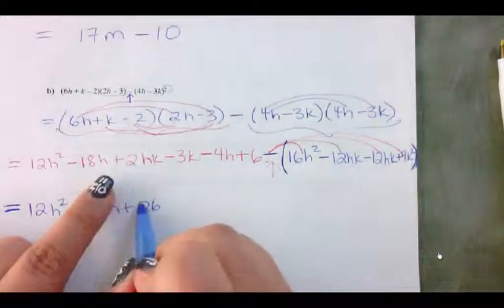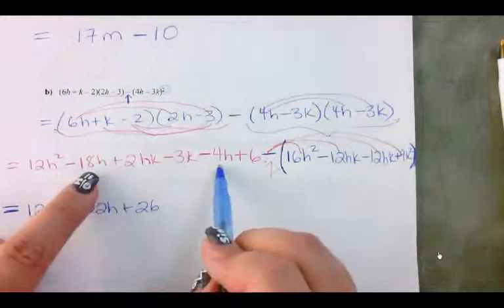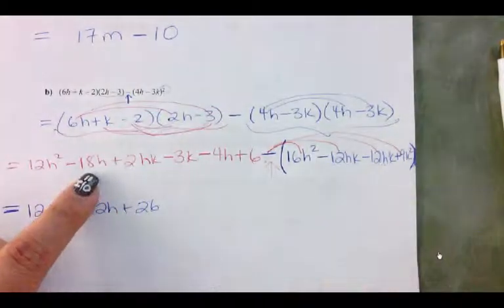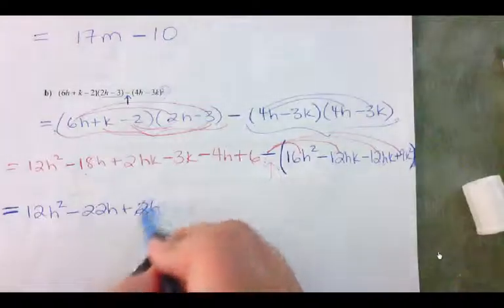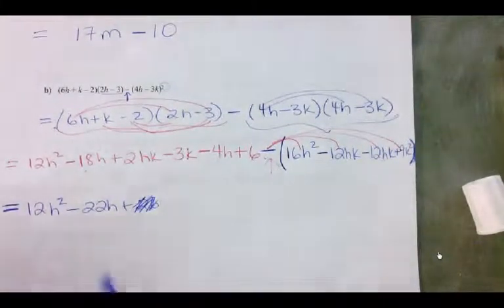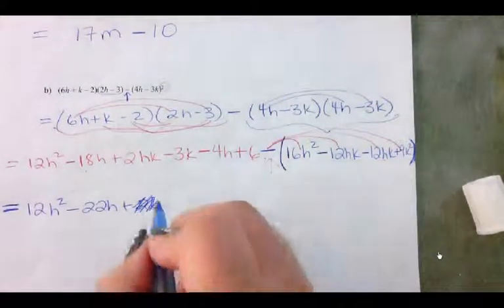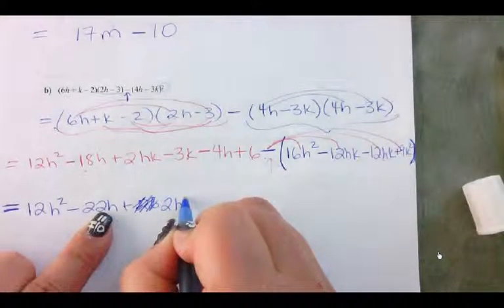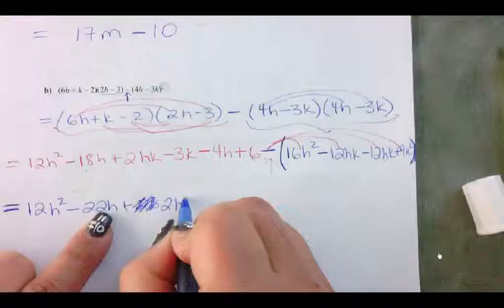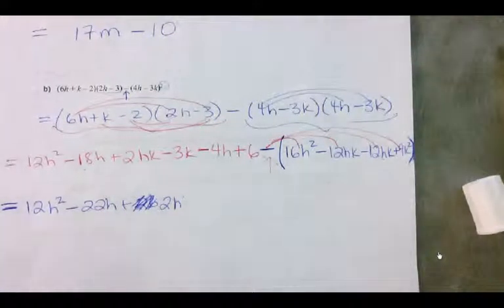Hang on a second. Okay, so this is h's, and then I think I'm jumping the gun here. So my h and k plus 2h. Okay, I feel like I've messed this up.